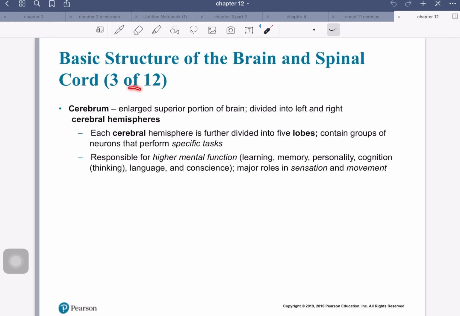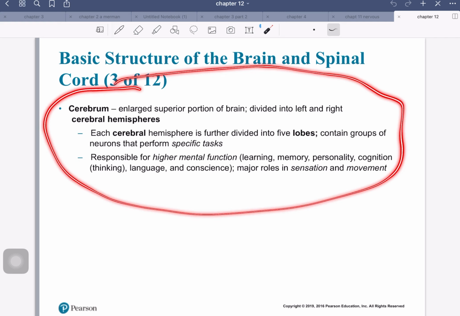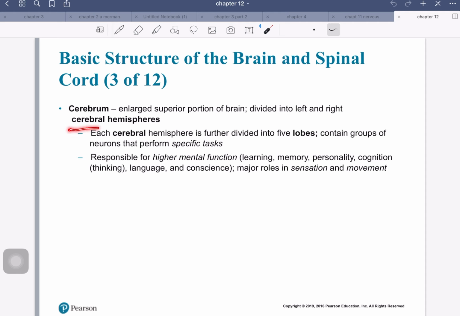Okay, so the cerebrum, it's the largest portion, and it's divided into cerebral hemispheres, the left and the right. And each of the hemispheres is actually subdivided into 5 lobes. And it's divided because within each lobe we have groupings of neurons that perform specific tasks.